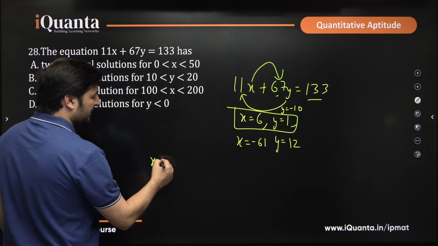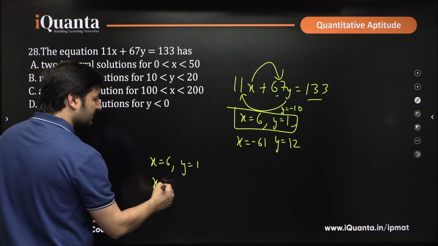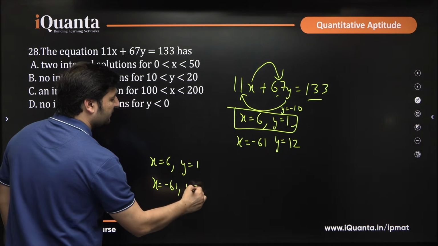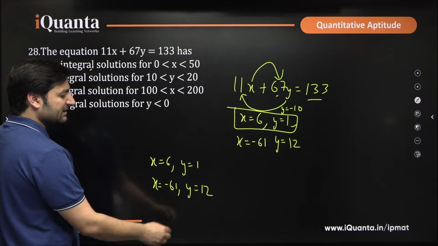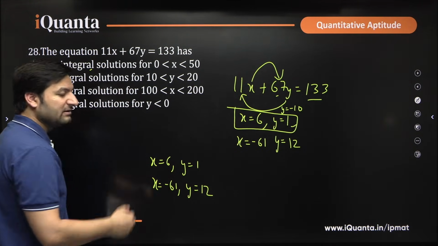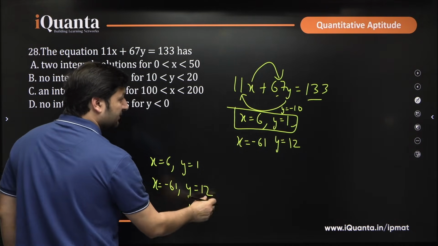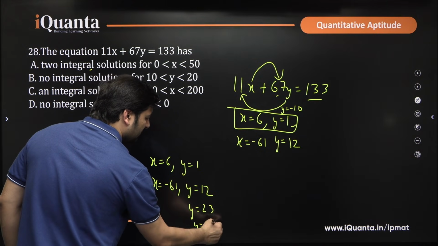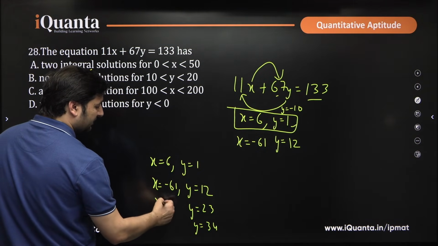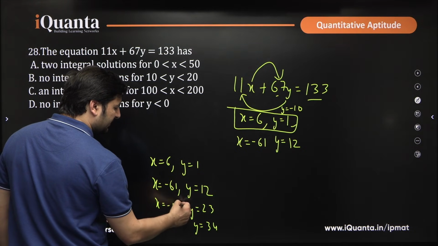So let me put x equal to 6, y equal to 1, and you have got another, that is x equal to minus 61, y equals 12. What do you see? x is decreasing by 67, y is increasing by 11. So the next value of y that satisfies should be in a gap of 11, that means 23, then y equals 34, and the value of x will keep decreasing by 67, that means minus 128, right.